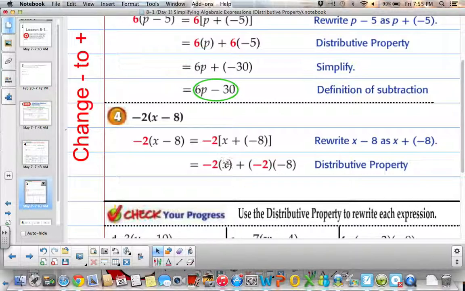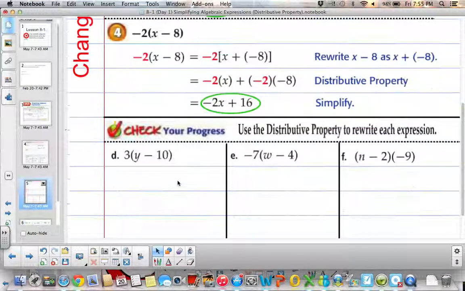So we have negative 2 times x plus negative 2 times negative 8. There's my negative 2 over here, my negative 2 that I'm distributing to each number in my parentheses. So then we have negative 2x plus 16. And that's our simplified version because negative times negative is positive. So then we end up with negative 2x plus 16.